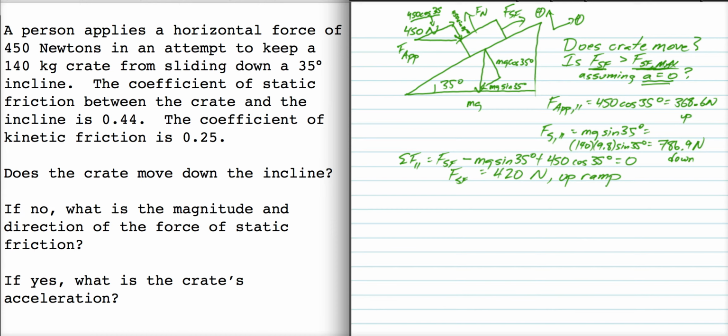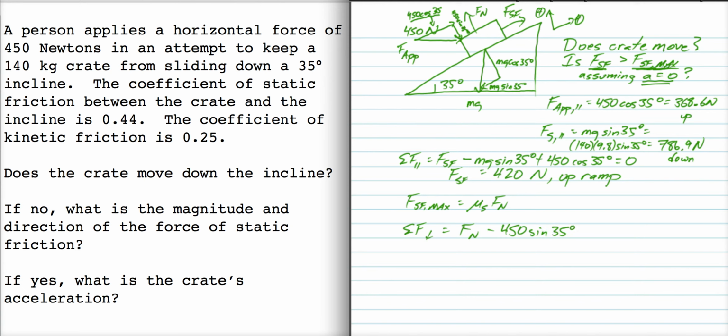Now I've got to compare that to the maximum possible force of static friction, which is mu sub s times the normal force. I need the normal force, which is kind of a pain to calculate because of all these other perpendicular components. So let's work through it. Sum of all perpendicular components: the normal force is positive, pointing out of the ramp. The perpendicular component of the applied force is negative, 450 sine 35, because it points into the ramp.